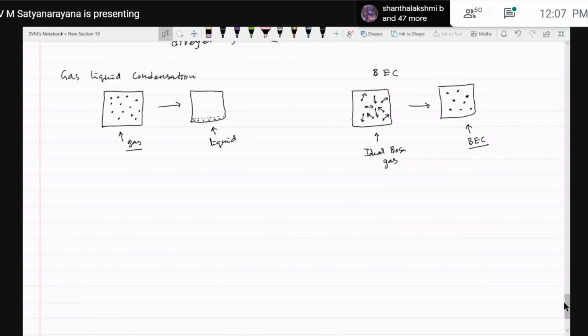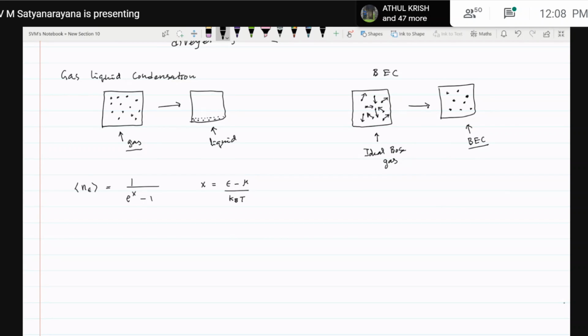So I want you to recall that we had this expression: the average number of particles in energy level epsilon is equal to 1 by e to the x minus 1, where x is equal to epsilon minus mu by kB. Correct?